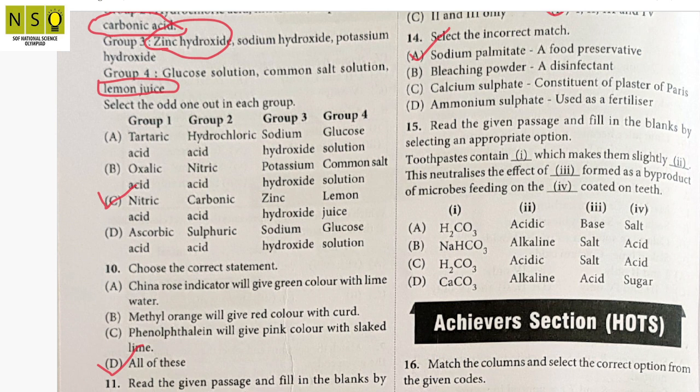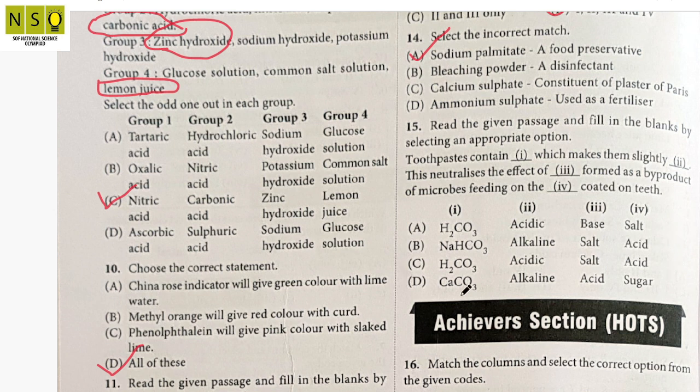Now question number 15. Read the given passage and we have to fill in the blanks. What the passage says? Toothpaste contains dash, which makes them slightly dash. This neutralizes the effect of dash formed as a byproduct of microbes feeding on the dash coated on the teeth. And these four are the options.